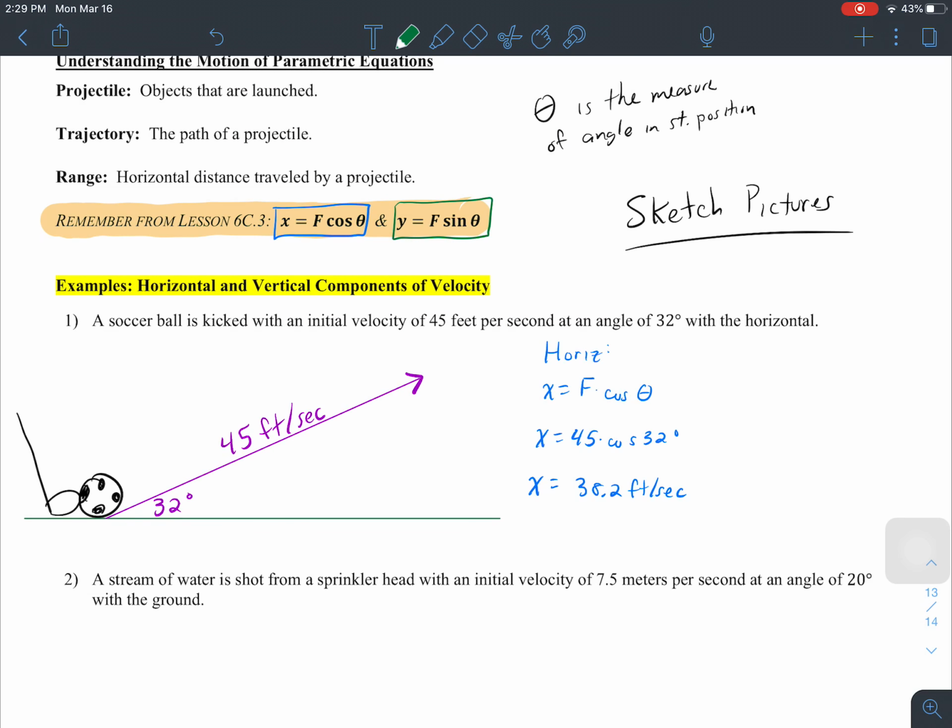We do the same thing, but this time with our vertical component. That's y equals f sine of theta. So y equals 45 sine of 32 degrees, and that would be 23.8 feet per second.